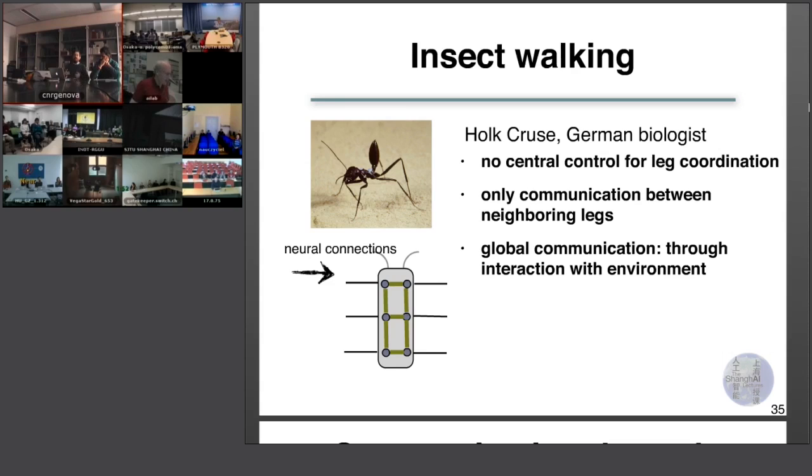Every leg has its own independent control, sensing and actuation, and the legs are synchronized between them essentially by means of what is called stigmergy. Stigmergy means that, depending on the movement of another leg, the position of the body will be different, and so the other leg will sense something different.